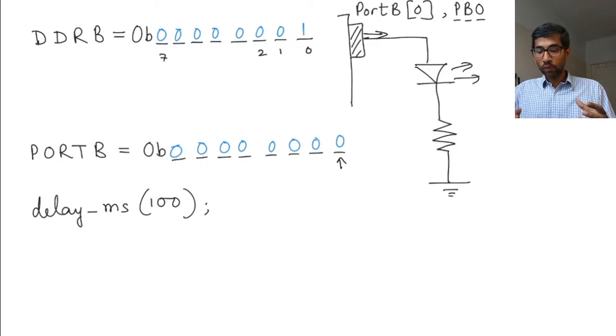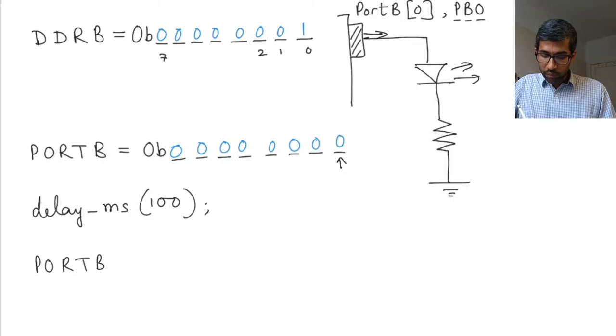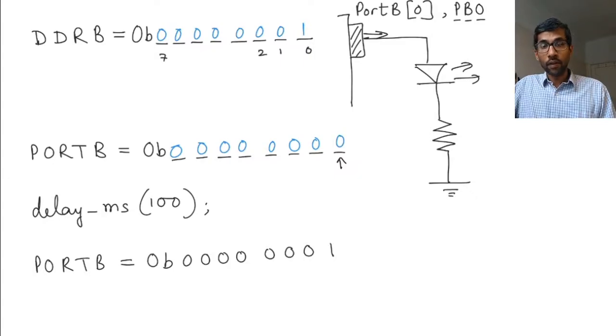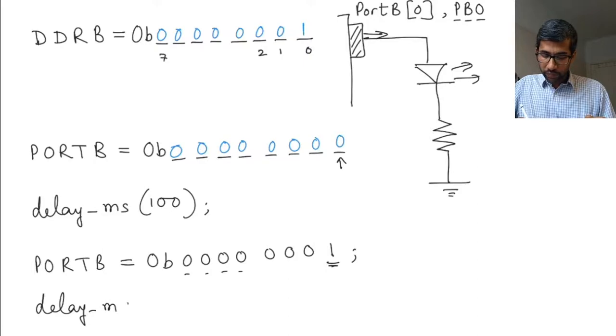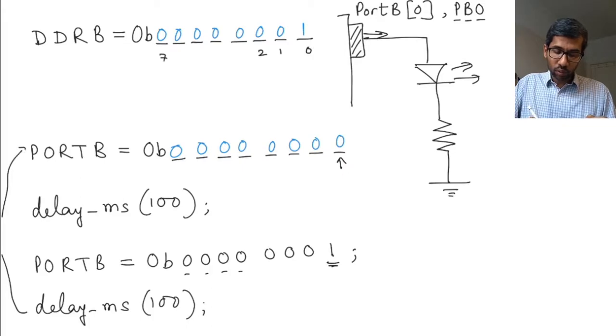So I want to write PORTB equal to 0B, and after that I want 0, 0, 0, 0, 0, 0, 0, 1. This is the thing that I am most interested in. I am not interested in all these zeros, right? And once I've done that, I can give a delay again of 100 milliseconds, and then you execute this code all over again.